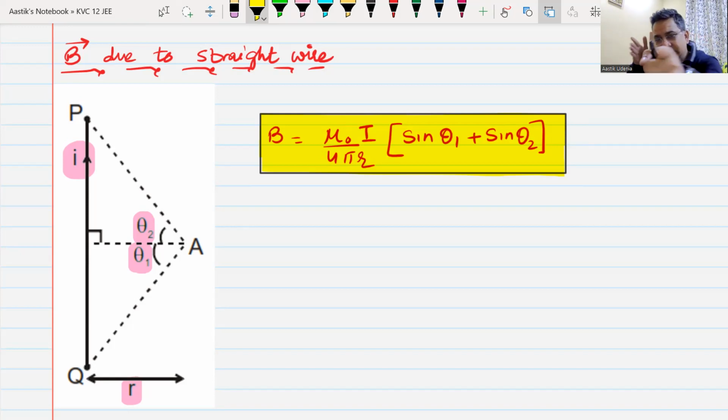My fingers curl into the board. Since my fingers curl into the board, the direction of magnetic field will be into the board like this.